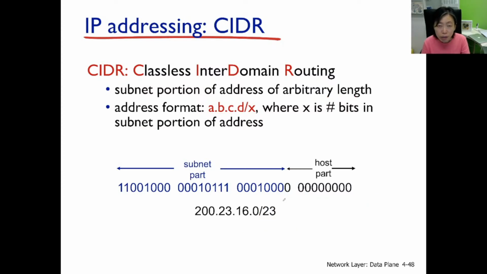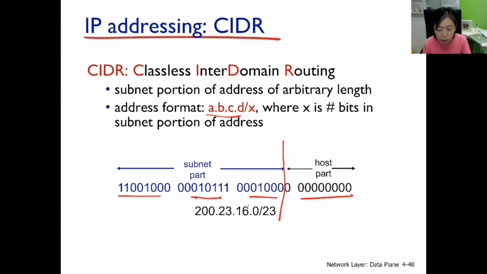Now, one last thing to talk about is this. How do we write the ABCD out? This is how it works. Take the IP address in the subnet and convert it to binary form. Write it out. And then cut that IP address right at the part that separates the subnet and the host part.